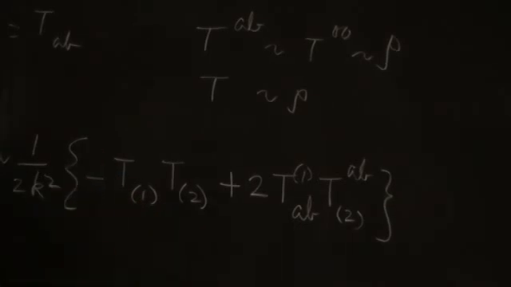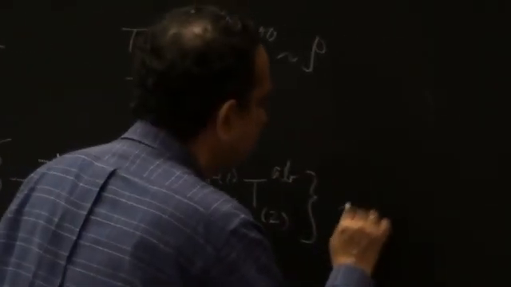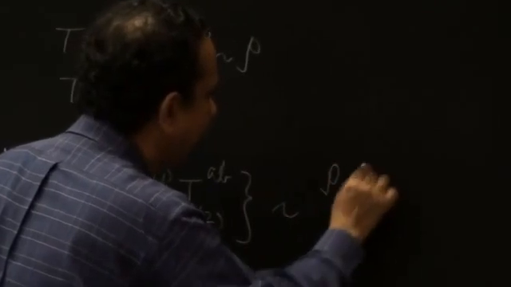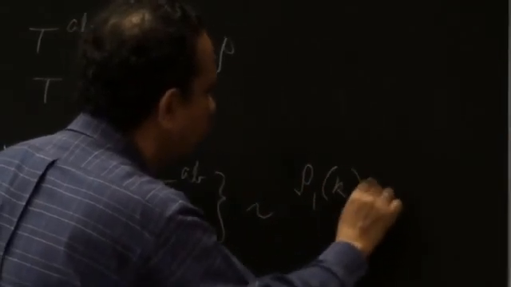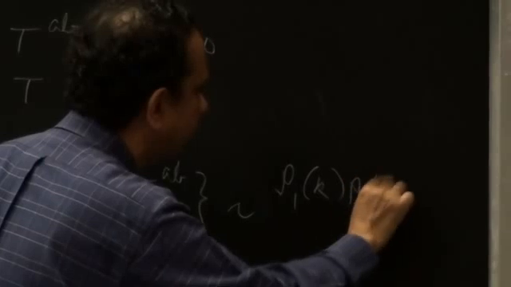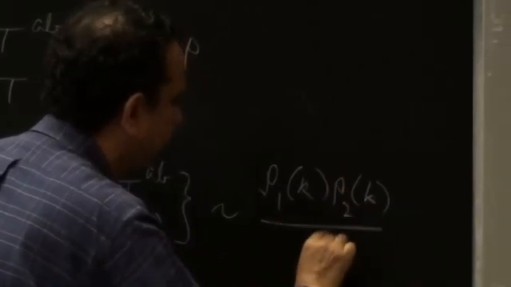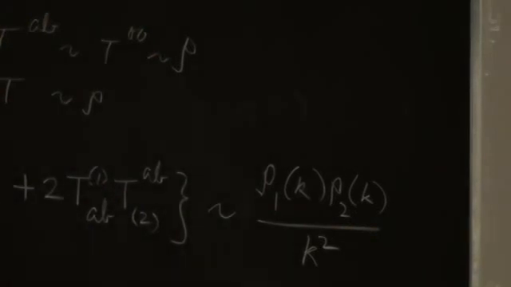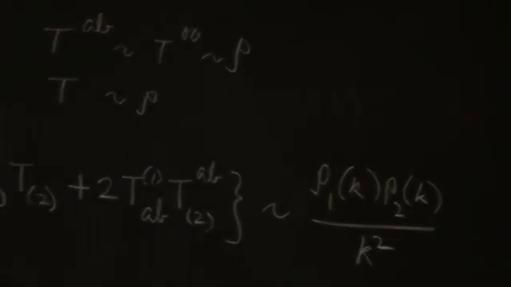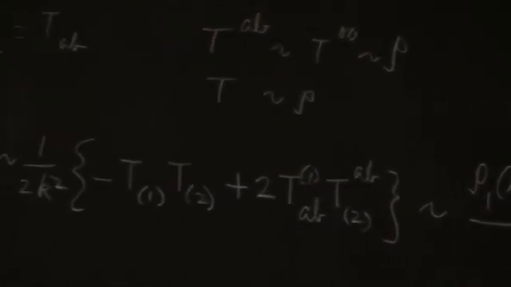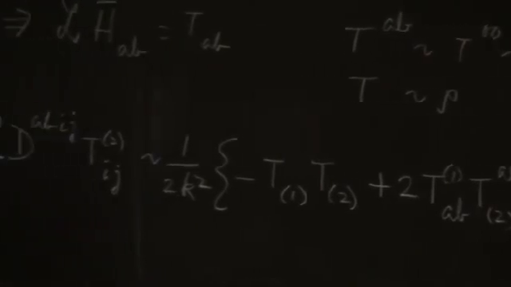So you will essentially end up getting something which looks like rho 1 of k, rho 2 of k by k square, give or take factors of 2. This is fine. It just tells you rho at x into rho at y upon x minus y in real space. That is how gravity acts, perfectly fine.